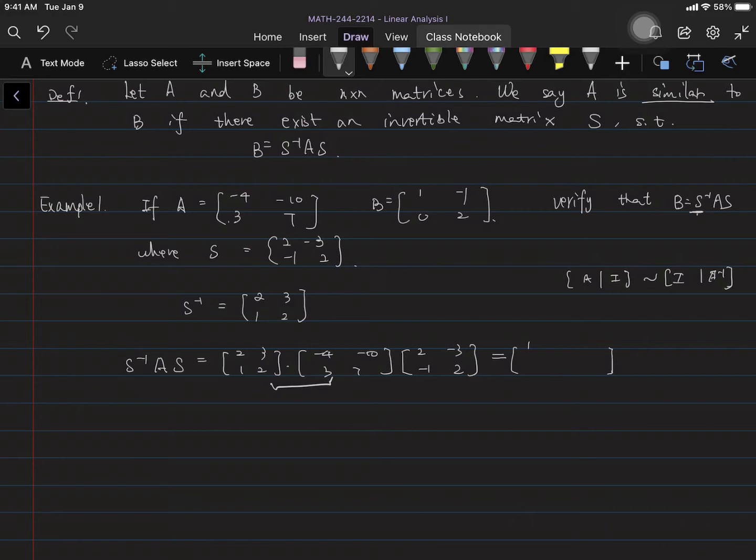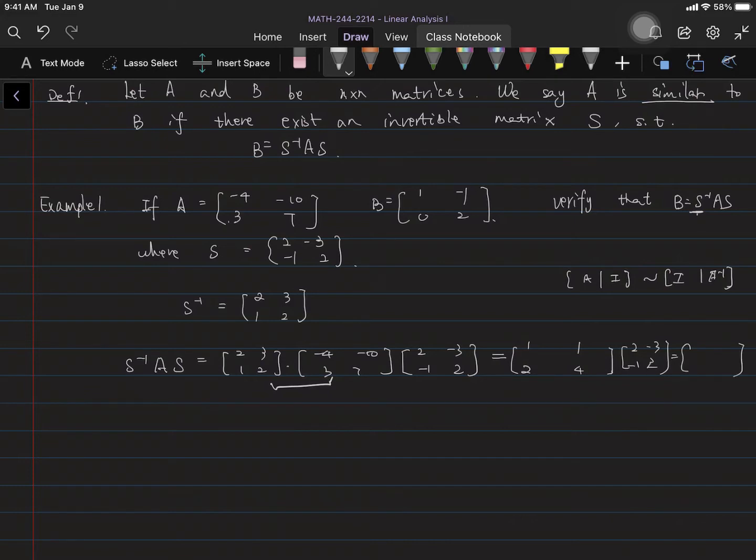Okay, and negative 20 plus 21 is also 1. And next, negative 4 plus 6 should be 2. Negative 10 plus 14, which is 4. And then do the product.